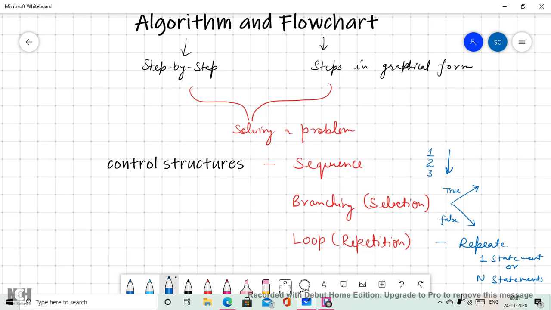So these are the types of control structure that are followed in algorithm as well as in flowchart. The differentiation between algorithm and flowchart is that both are steps for solving a problem. Algorithm is step by step written, whereas flowchart is steps in graphical format or graphical way.